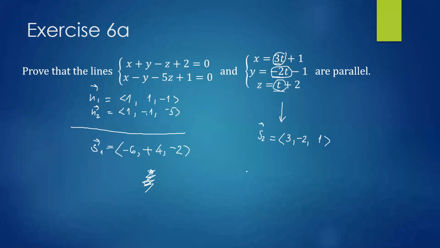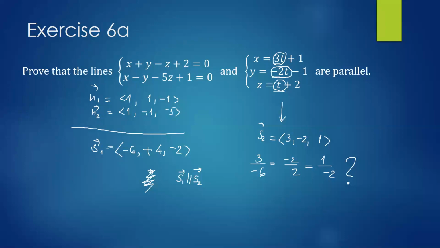And now just compare 3, minus 2, 1, the coordinates of one of the direction vectors, and the second, minus 6, 2, minus 2. The question is, if the coordinates are proportional, then the two lines are parallel. Because remember that two lines are parallel if and only if the direction vectors are parallel.